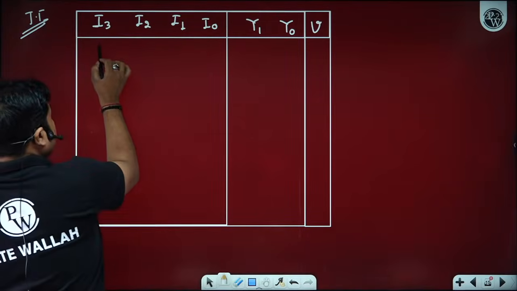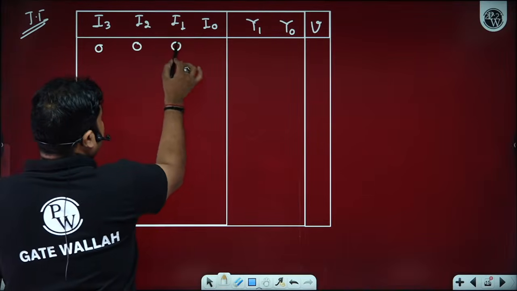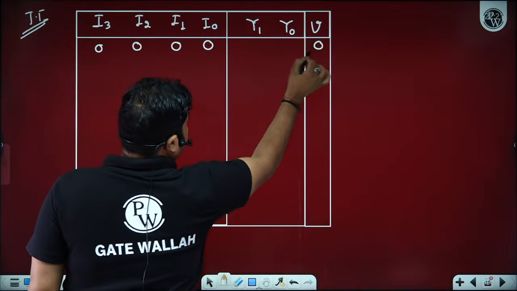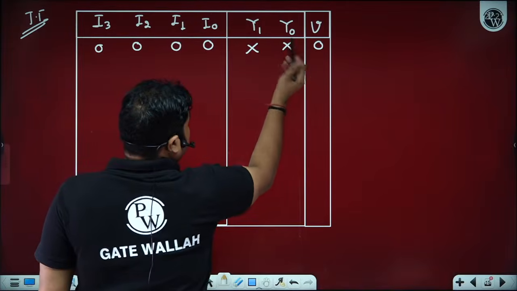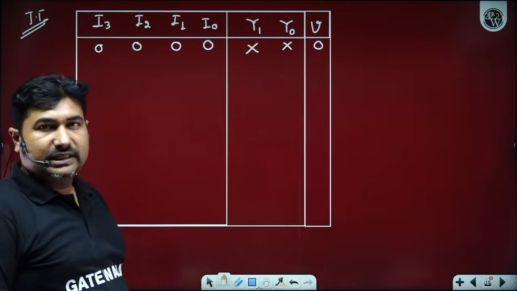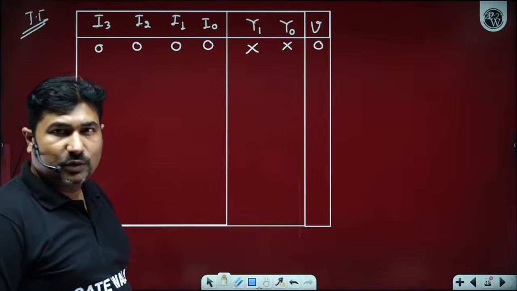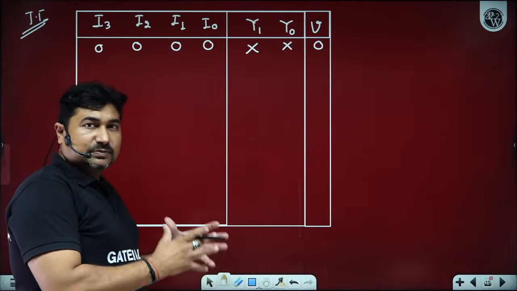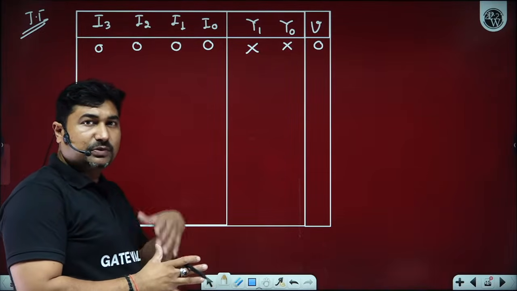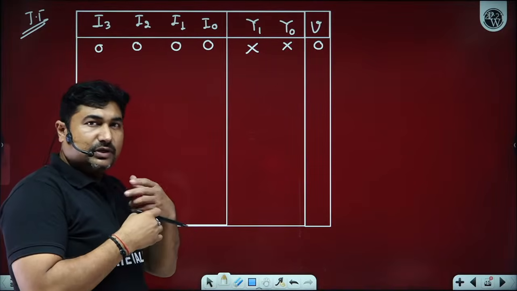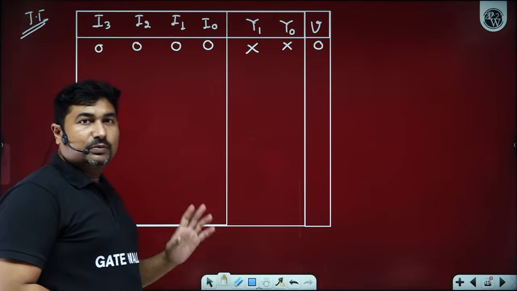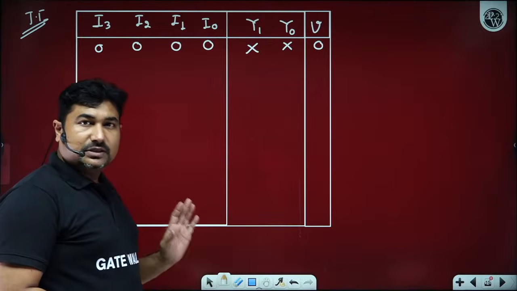Now please observe, in case if all are 0, then valid output indicator is 0, output is invalid. If the output is invalid, we can just discard the output. It means whatever circuit this particular priority encoder is going to process, it will not process, if the valid output indicator is low. Is it okay? Yes, sir.